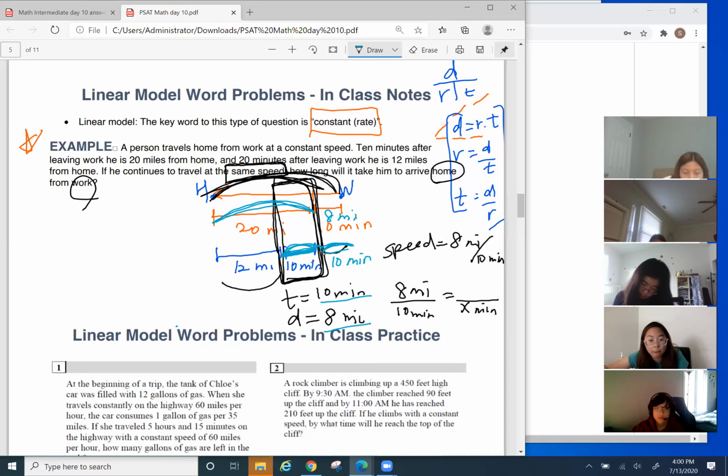So this will be another 8. So altogether, it will be 28 miles. This is a very logical and hard question. There could be different ways to do it, but this will give you the answer. If you solve for x, that will be the answer.